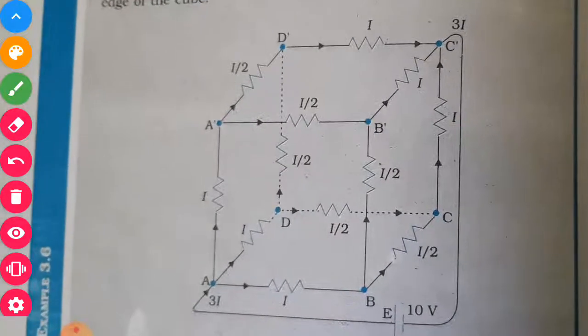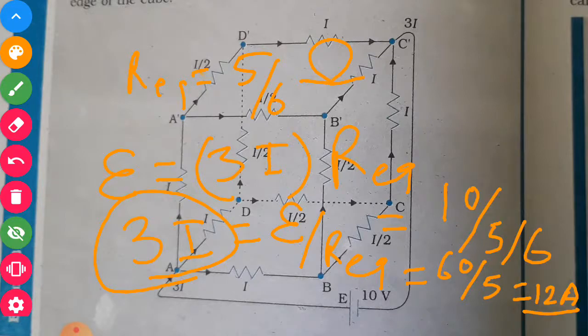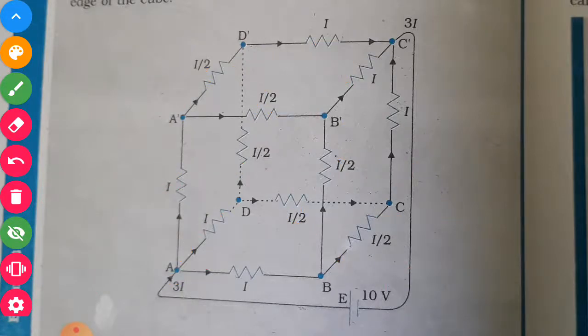So from this figure you can understand now that the total current is 12 ampere. Now 12 ampere is divided into 3 parts. So 4 ampere each will go through the AB, AD and AA prime branches. Then this 4 ampere will be divided into 2 ampere and 2 ampere.